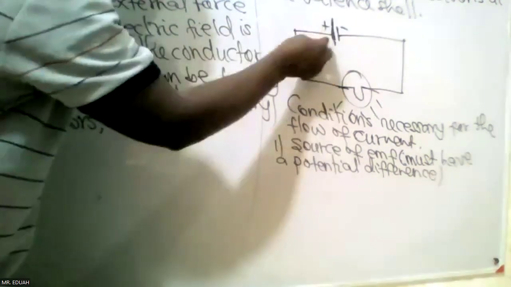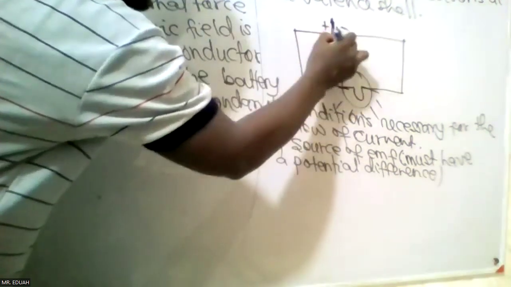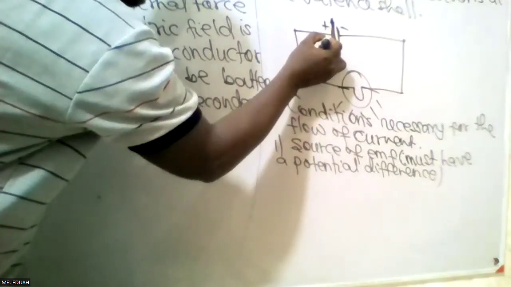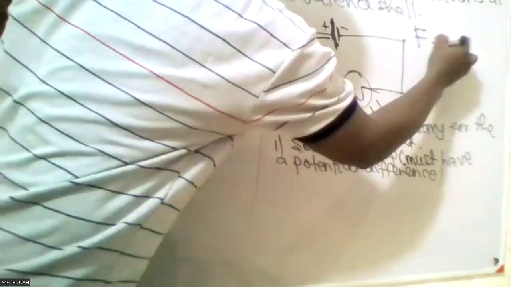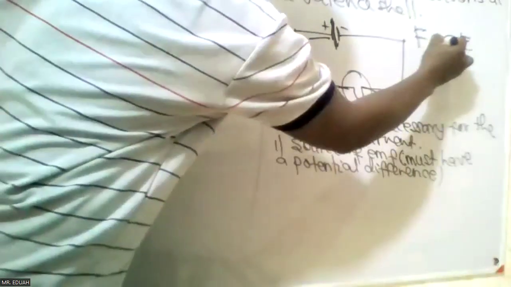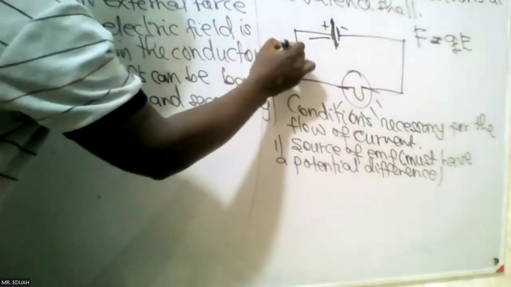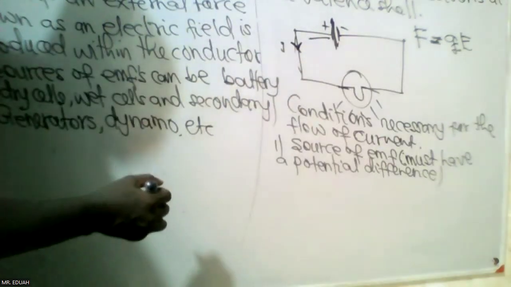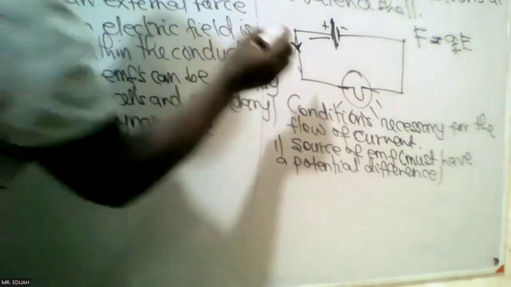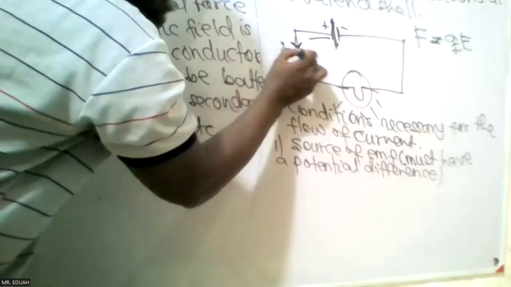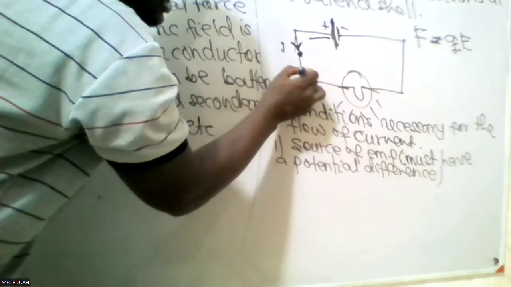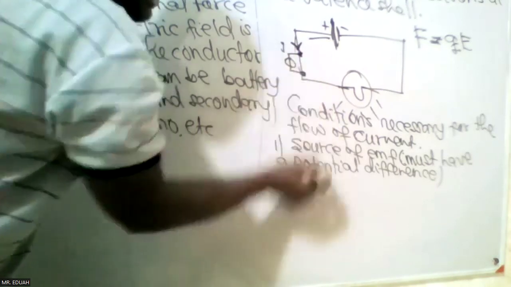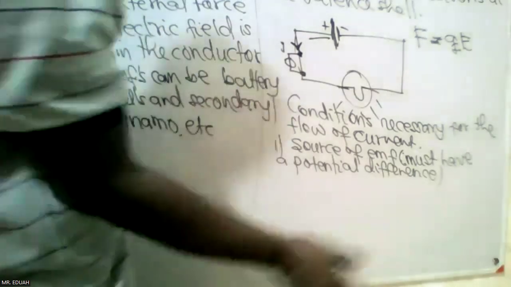When you have a source of EMF, electric force F, which is equal to the charge times the electric field intensity, will be created. Whenever electric force exists within the wire, you have what we call electric field. If you pick any 2 points within a conductor, the difference between these 2 points is what we call the potential difference, which is measured by a voltmeter.